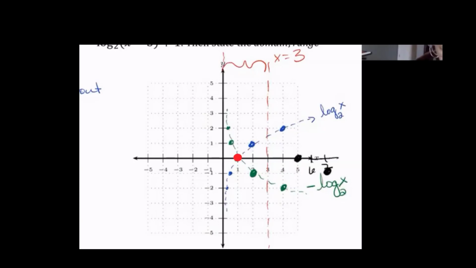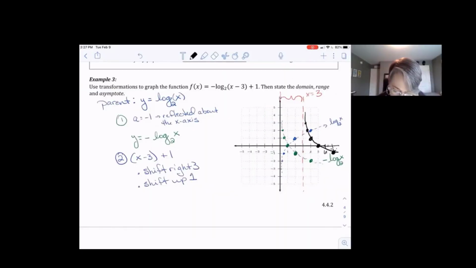Point (1, 0), right 3, up 1. Then the point (1/2, 1), we're going to go right 3 and up 1. And the point (1/4, 2) to the right 3 and up 1. So this last graph in black is our f of x function with all transformations.